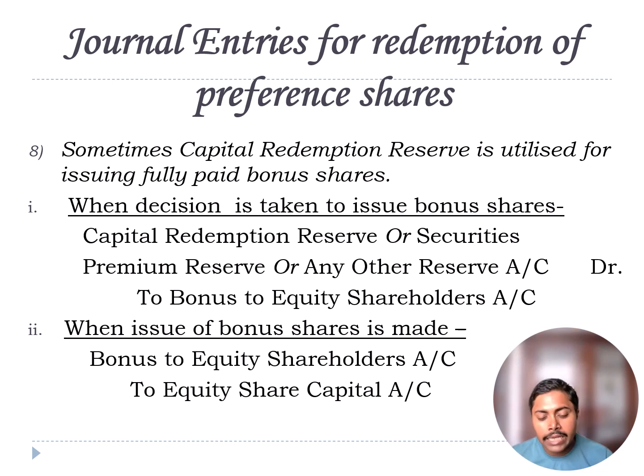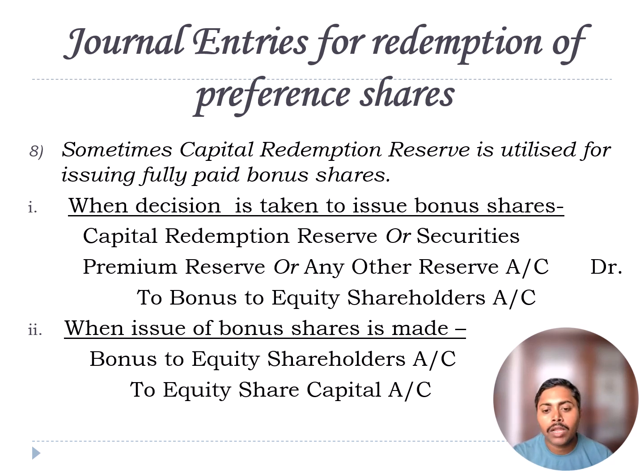So finally we can say that the amount is being transferred from general reserve and profit and loss balance to equity share capital account. That is the main logic of creation of CRR: the revenue profit has been capitalized in that particular form.